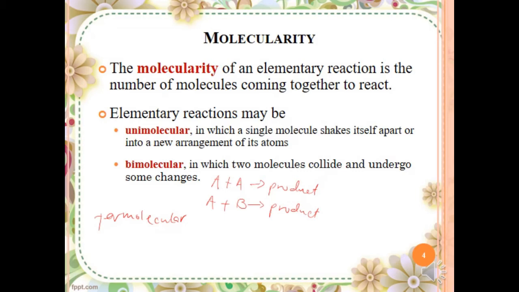One example of a termolecular reaction is between an oxygen atom and an oxygen molecule in the atmosphere, with 70% nitrogen, to give us ozone in the upper atmosphere. So the oxygen atom reacts with oxygen gas in the presence of nitrogen gas in the upper atmosphere to give us ozone.